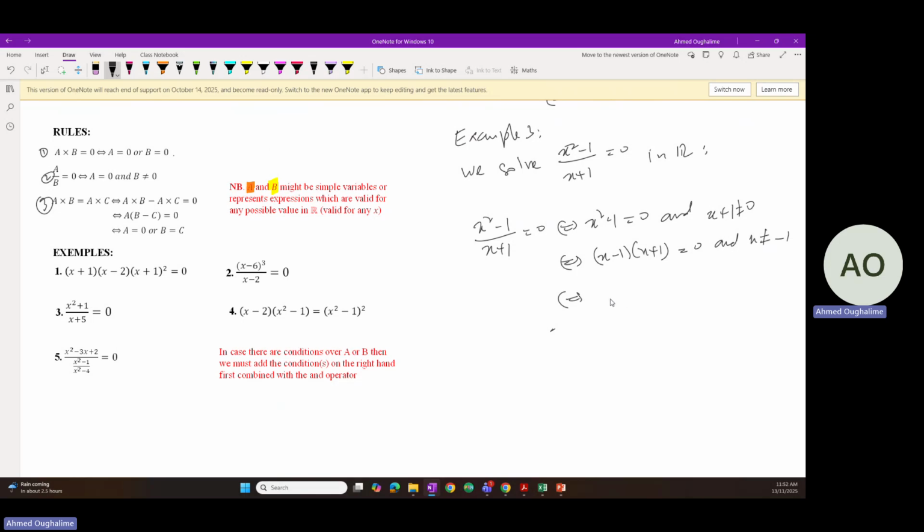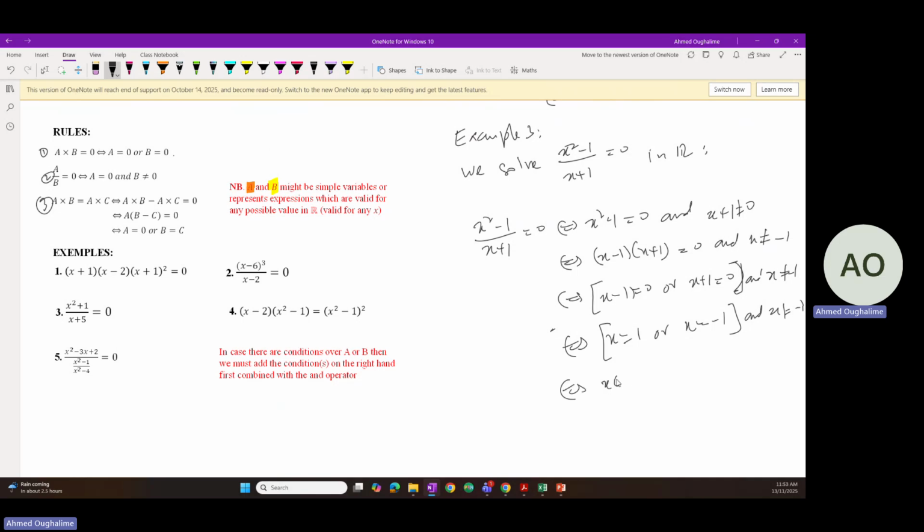Then I use property number 1: x minus 1 equals 0 or x plus 1 equals 0. We must not miss the brackets, you must put them here, and x different from negative 1. This comes to say that x equal to 1 or x equal to negative 1, and x different from negative 1.